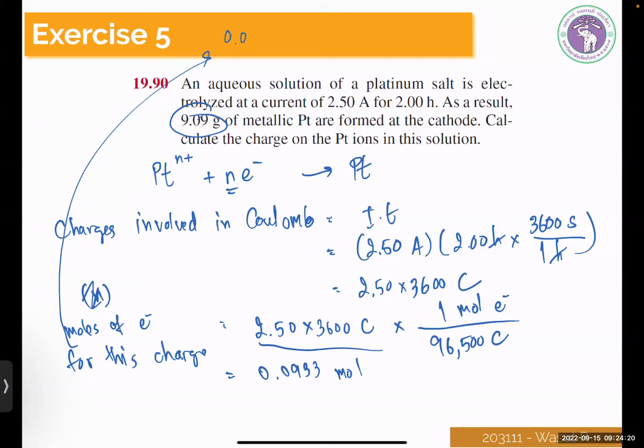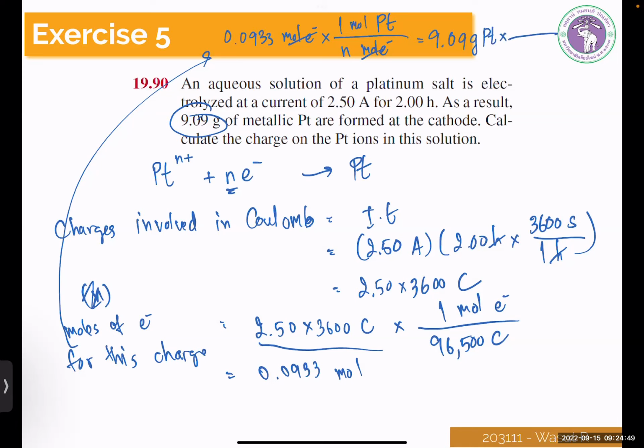So 0.0933 moles of electrons, with n moles of electrons going to 1 mole of platinum. So on this side of the equation, I already have moles of platinum equal to what? 9.09 grams of platinum. Convert this into moles.